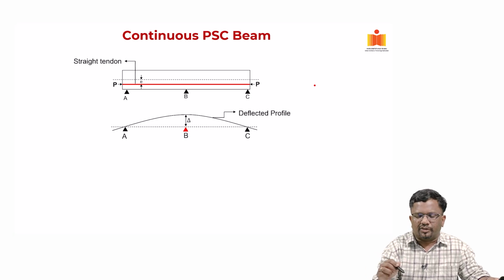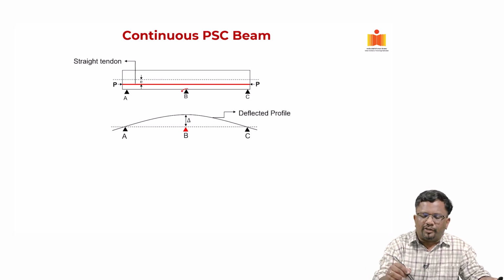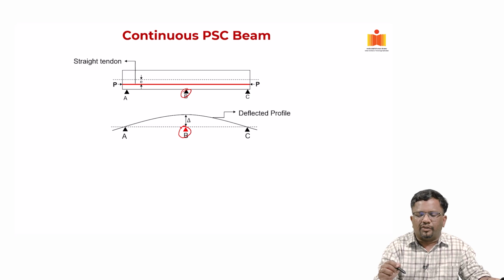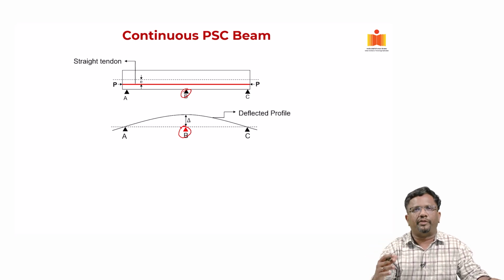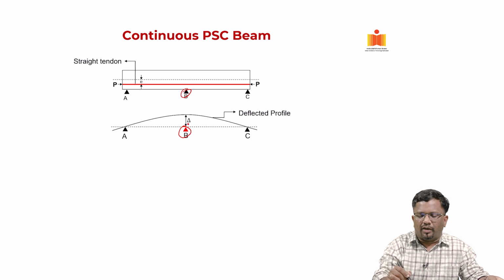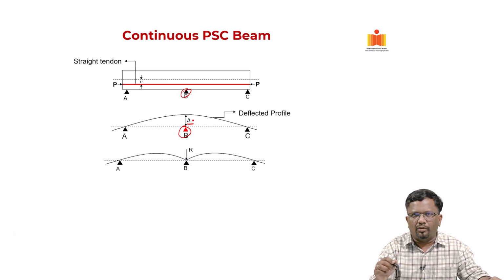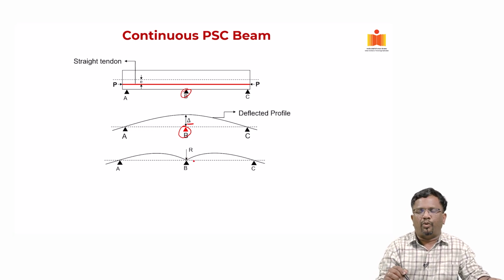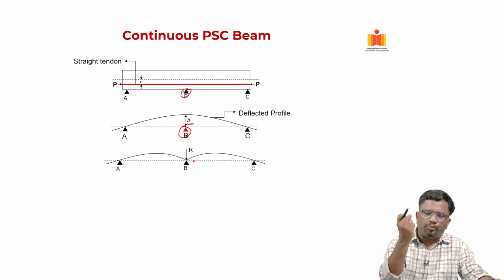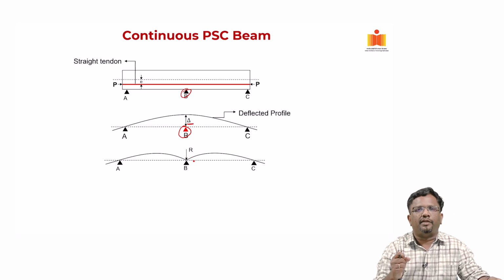When I do the pre-stress, if the intermediate support B does not exist, then what will happen? Because of the pre-stress, the beam will try to lift up, right, by, let us say, a deformation or a displacement delta. Now that I have the support, it will try to pull the beam down and make the deflection 0.